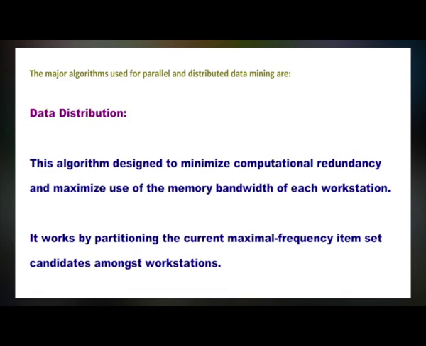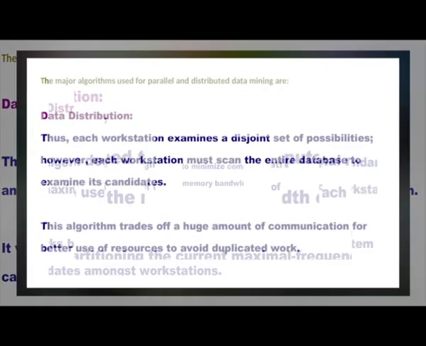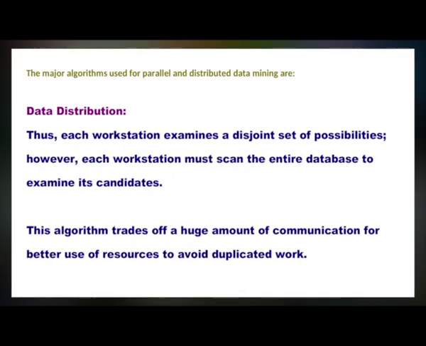It works by partitioning the current maximal frequent itemset candidates amongst the workstations. Thus, each workstation examines a disjoint set of possibilities. However, we have to note that each workstation must scan the entire database to examine its candidates.